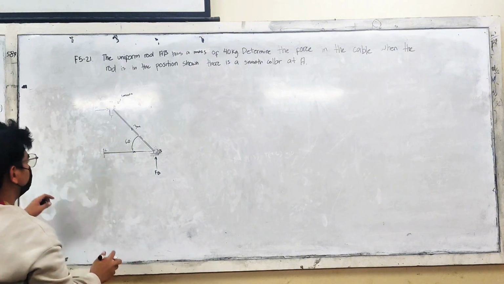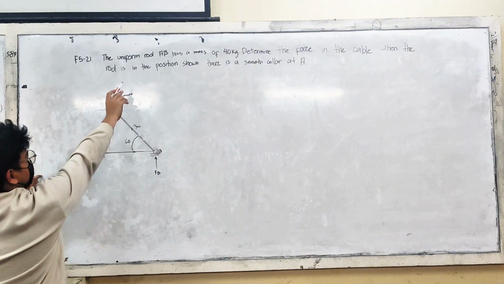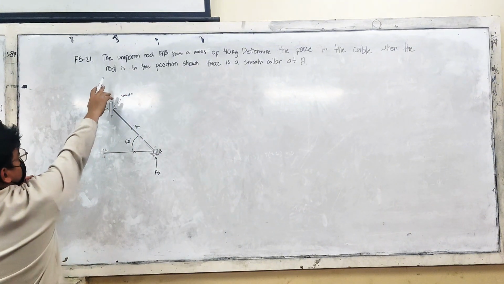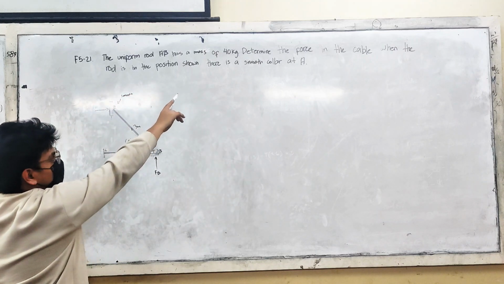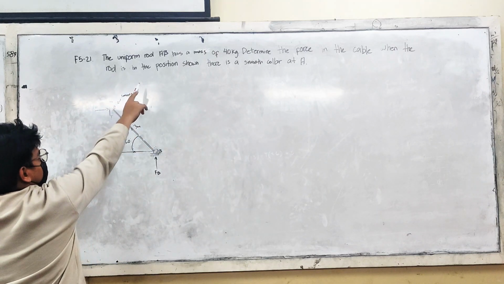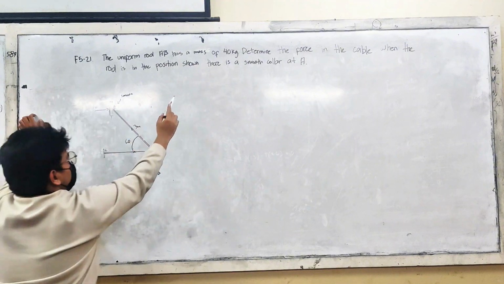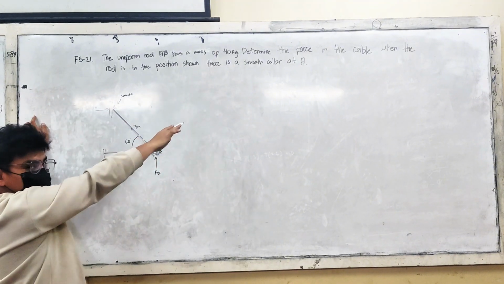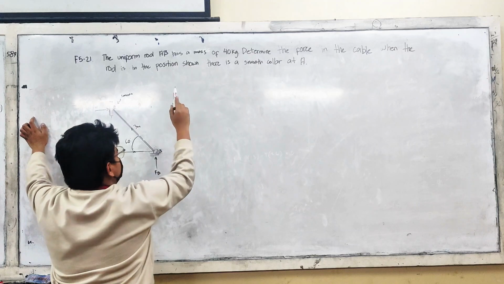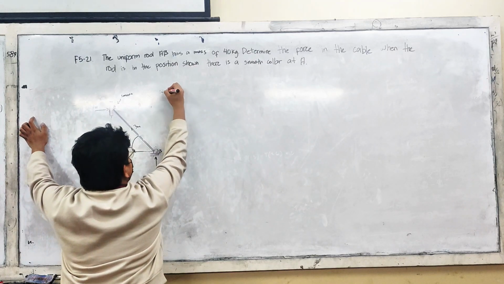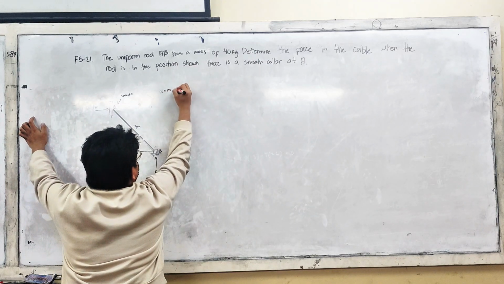After that, as you can see on our problem, the uniform rod AB has a mass of 40 kg. Because it is a mass, we need to make it into a force, which means weight equals mass times gravity.